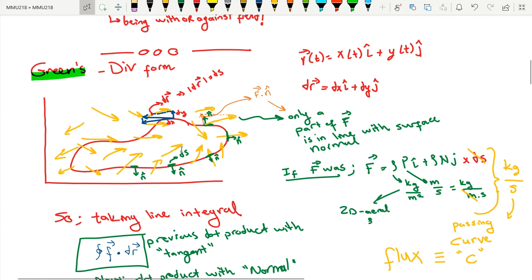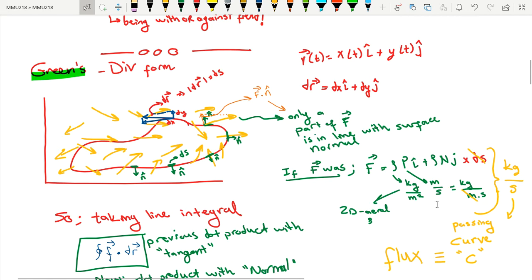The divergence form of Green's theorem is for 2 dimensions, so kilograms per meter squared. And I know the vector field is like a velocity vector, so meters per second.